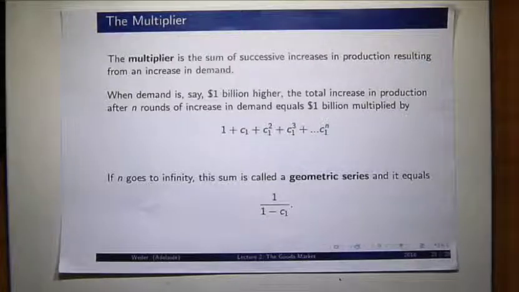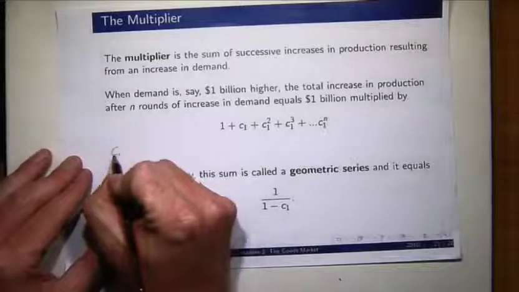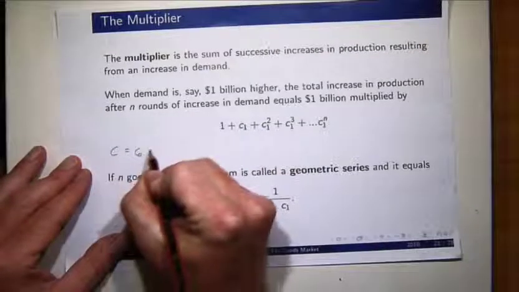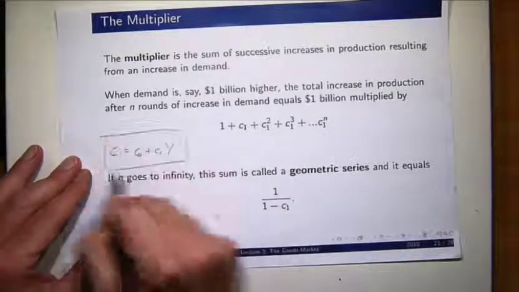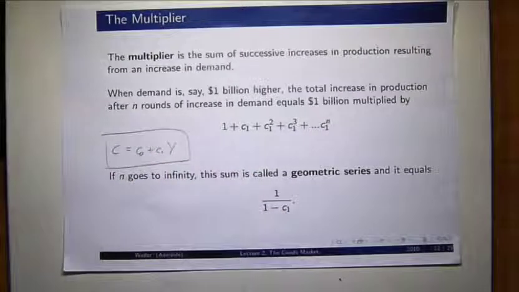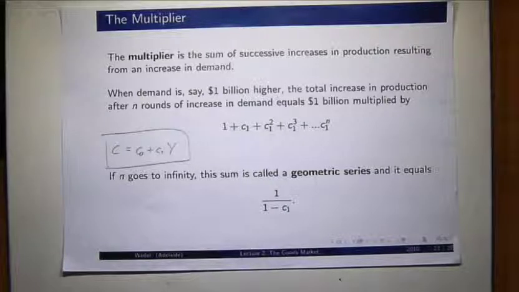Well, it all comes from the consumption function. The consumption function here again was given as this. Okay, so if there's an initial increase, say, in government spending by $1 billion, what happens? Well, first the demand goes up, so there's an increase in production by $1 billion. Okay, so the first round effect. And then there's a second round.